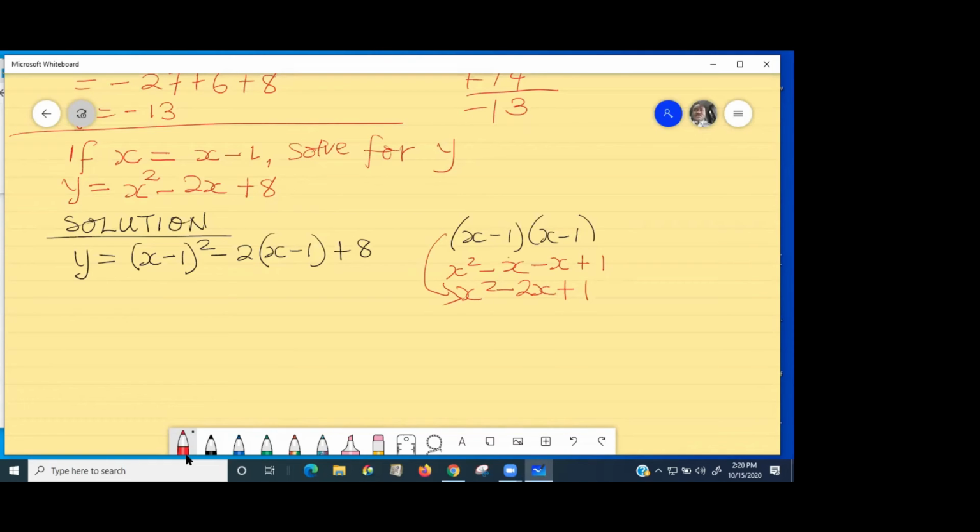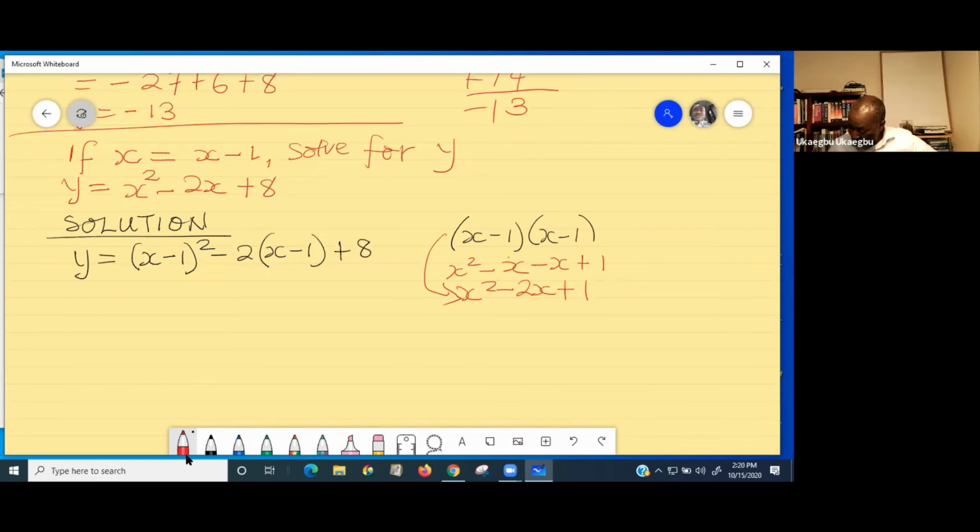All right. So then you bring this value back to this place. And when you do that, you're going to have x squared minus 2x plus 1. Then you open these other parentheses. So you are going to have negative 2x, negative times negative is positive, 2 times 1 is 2, plus 8. Then you collect your like terms.